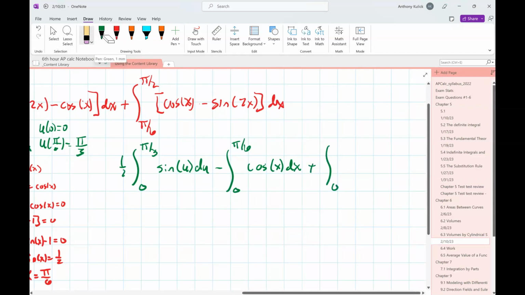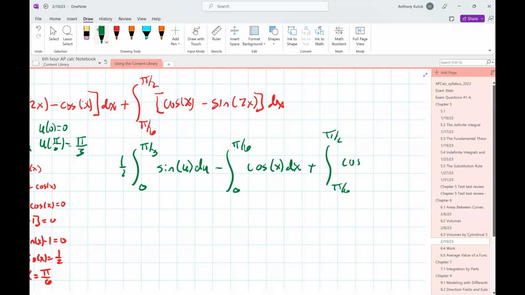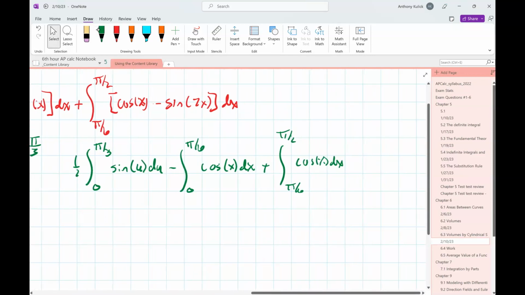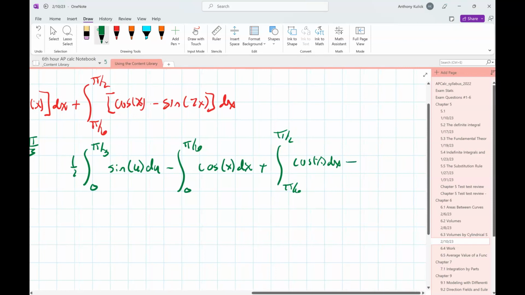And then my next integral is going to be cosine x dx. Again, nothing to do there. And then my last one is going to be another 1/2, 0 to pi over 3.